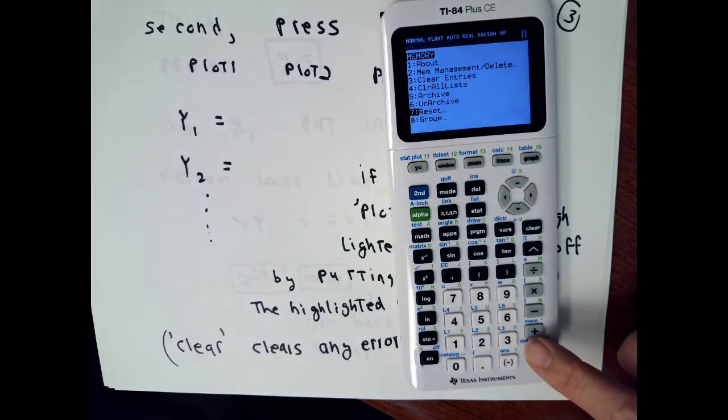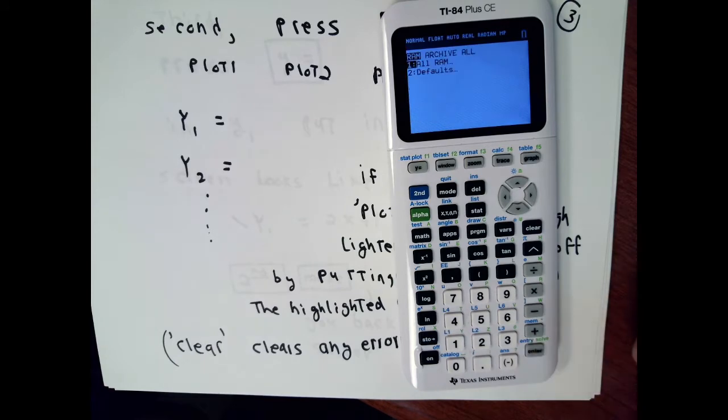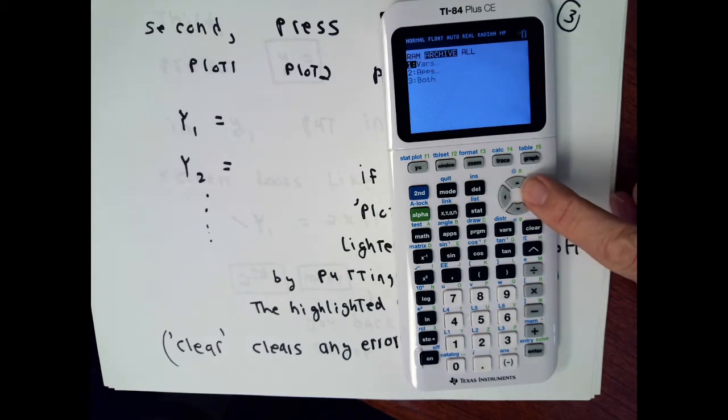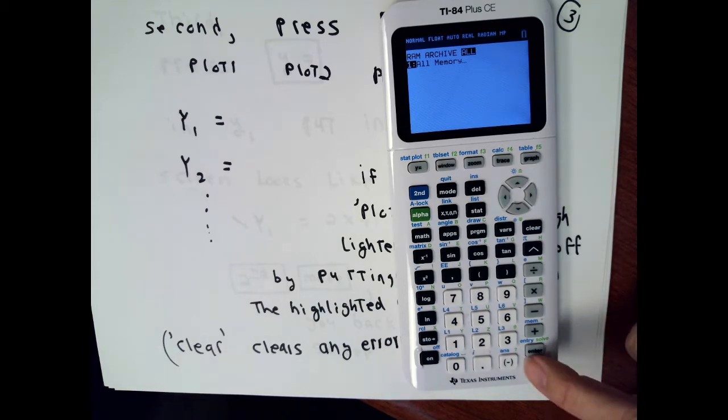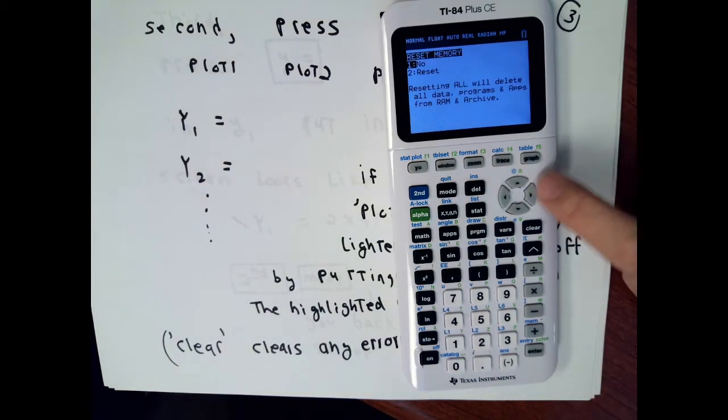I don't have any such thing, so I'll press enter on the reset. Then it asks me if I'm really sure. I'm going to reset all memory. It's asking me if I'm really sure.